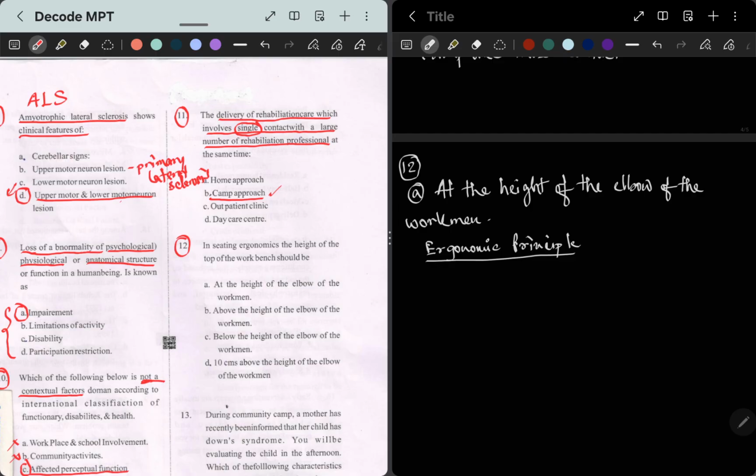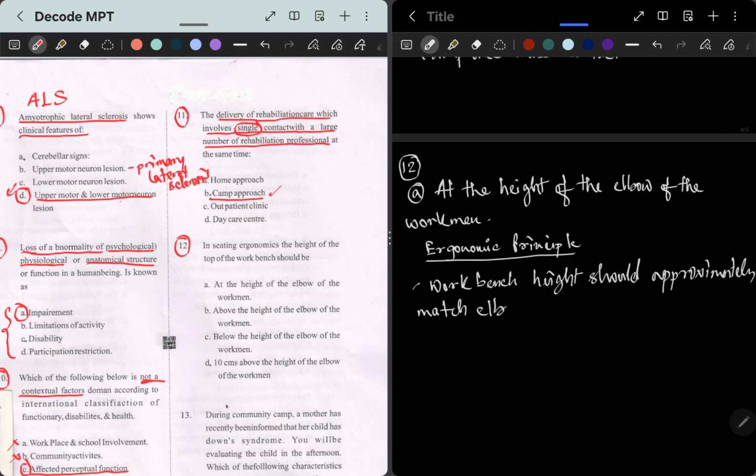The basic ergonomic principle is that the workbench height should approximately match elbow height during seated work. Why?